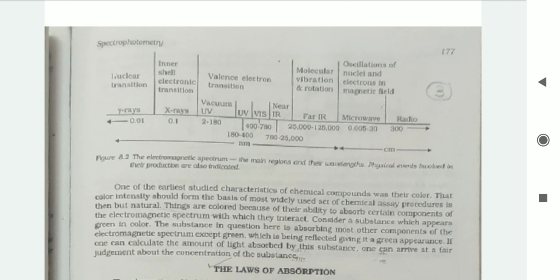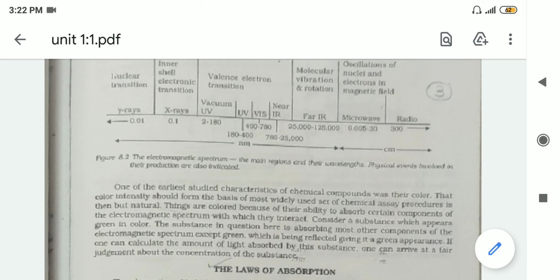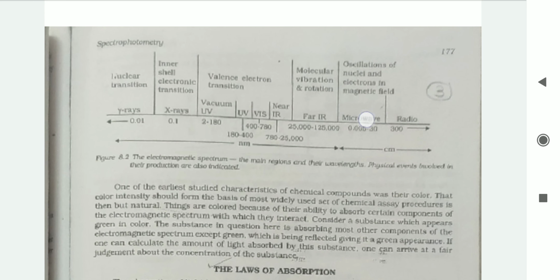Then comes the microwave and the radio wave. These have the longest wavelengths. The shortest wavelength is for gamma rays and the longest wavelength is for the radio waves.